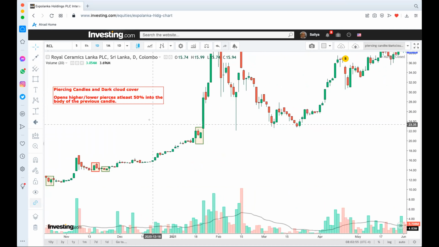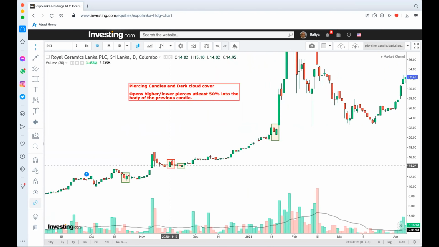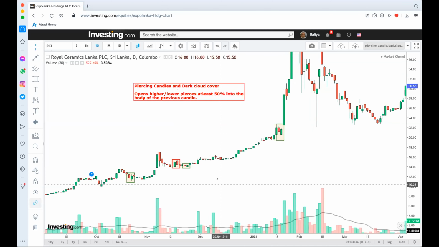In a piercing candle, it opens lower against the previous candle and closes 50% and above of the previous candle. That's a piercing candle pattern. Dark cloud cover is the opposite direction, where it opens higher and pierces into the body of the previous day. More than 50%, or even up to 50%, is okay.